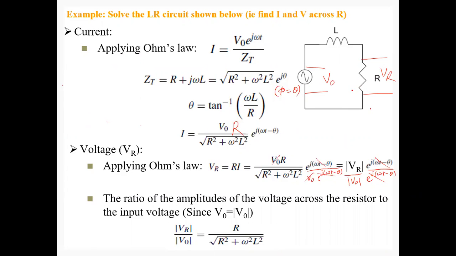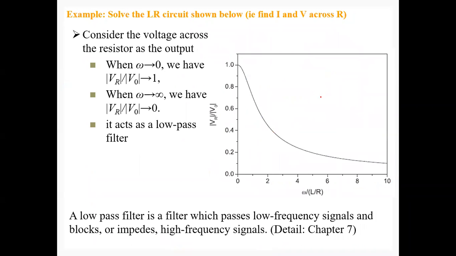Now, if we plot this guy as a function of omega, suppose this is your y and this is your x. If you plot omega versus VR over V0, what kind of graph do you get? Sorry, not omega, omega times L over R. This versus this.